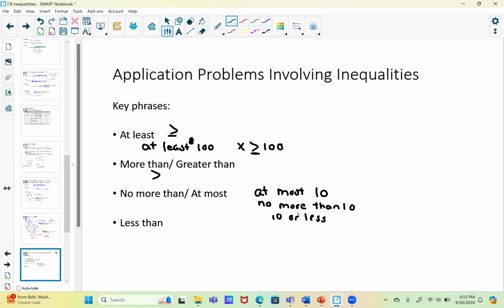The most I can have is 10, so I want 10 or less. This symbol is less than or equal to, and at most is the same thing. And then less than is just less than. So those are our keywords for inequalities.